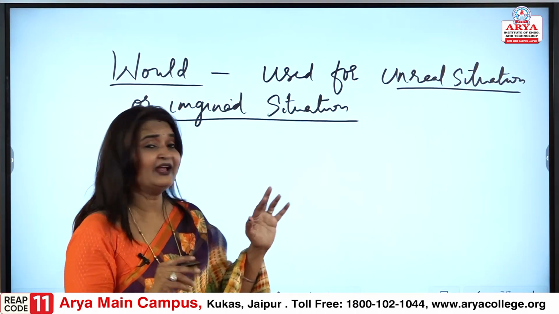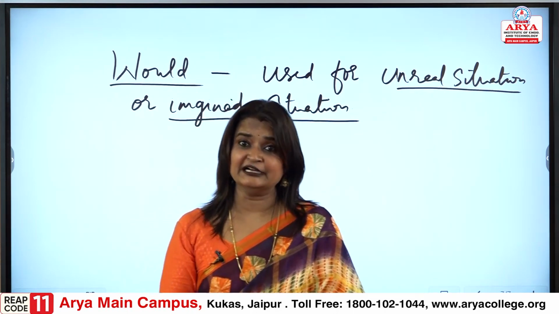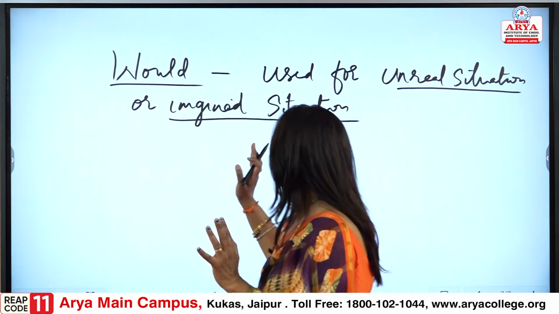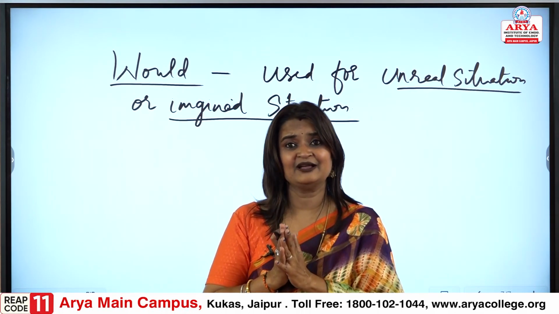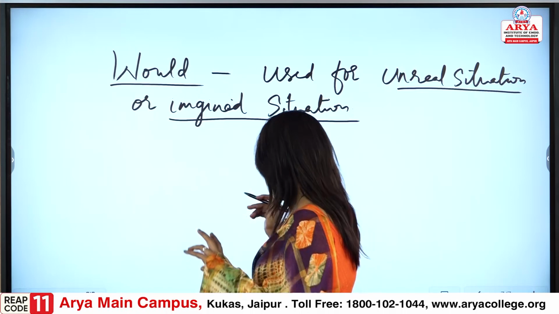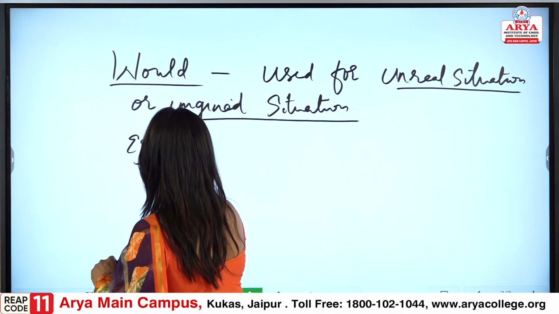We are not sure, it is not the fact, it is not real, it is only our imagination. In that case we can use would, and let me give you one or two examples for this.